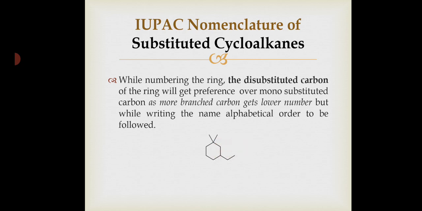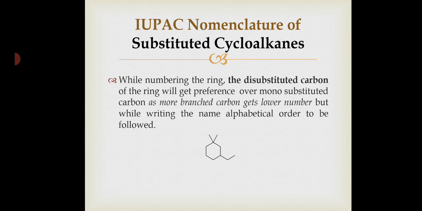this carbon. So while numbering the ring, the di-substituted carbon of the ring will get preference over the mono-substituted carbon, as the more branched carbon gets the lower number. That we have seen in video 5, that the more substituted, the more branched carbon gets a lower number.